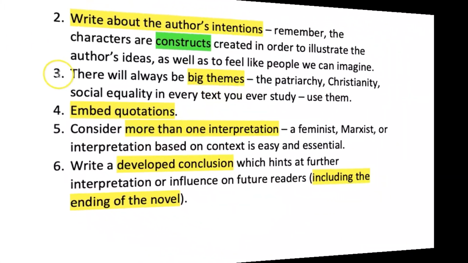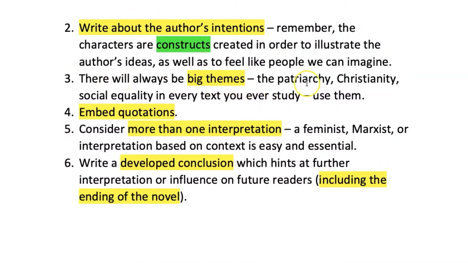So if we go back up to number 3, the big themes, there's going to be Christianity. Mr. Salles, why haven't you written Marxism down here? Well, because Marxism is a way of looking at social equality. So it is actually one of the big themes. Marxism itself is a way that you can get into alternative interpretations. That's why it appears here as a Marxist interpretation. You could also have a feminist interpretation.